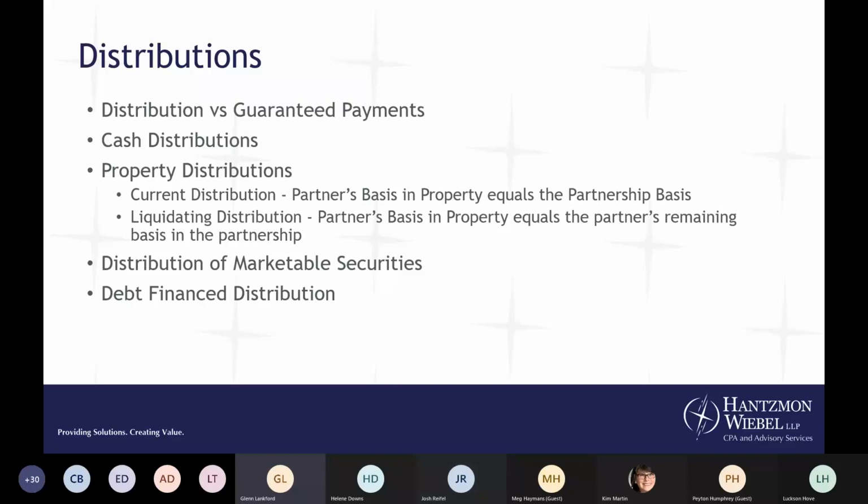That's not a taxable event. Secondly, if the securities were not marketable when they were acquired by the partnership. So in other words, the partnership acquired some private company or something that went public later on. And then thirdly, if it's an investment partnership, and an investment partnership, which we'll talk about a little bit later, generally it's a partnership that's never been engaged in a trade or business, and substantially all of its assets are cash or securities. And substantially all, I think, is generally considered to be 90% or more.